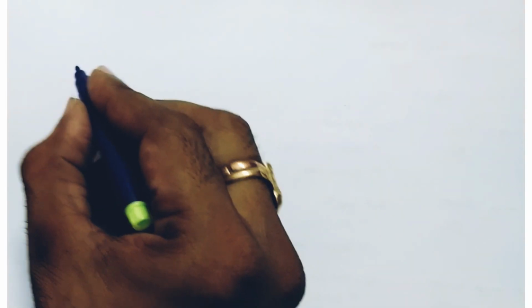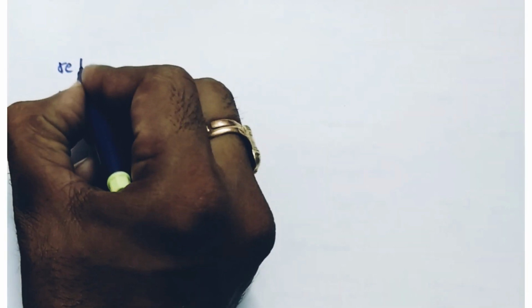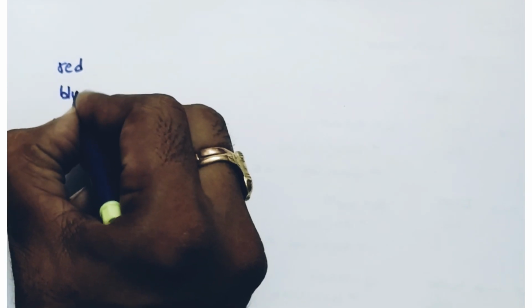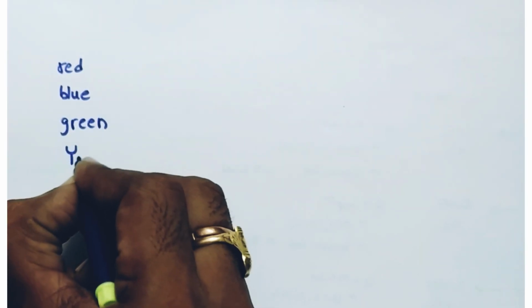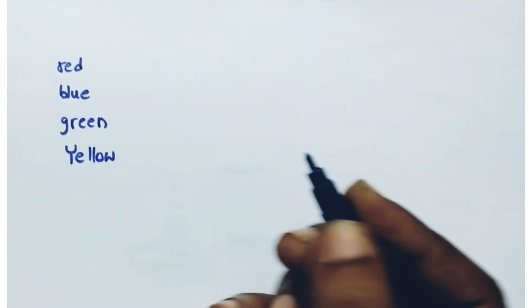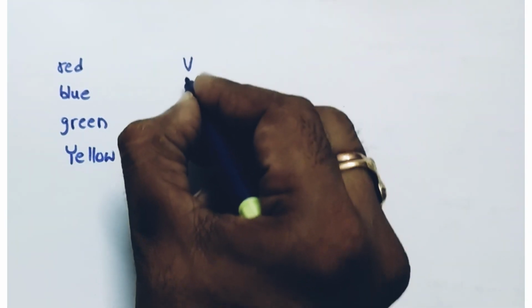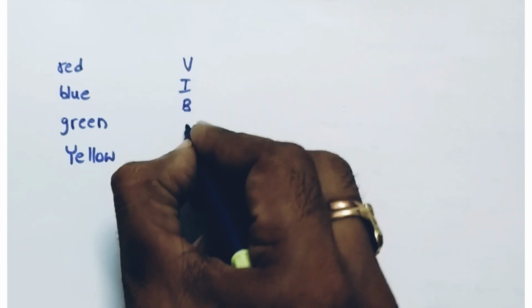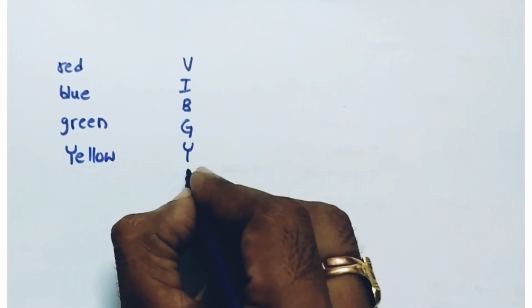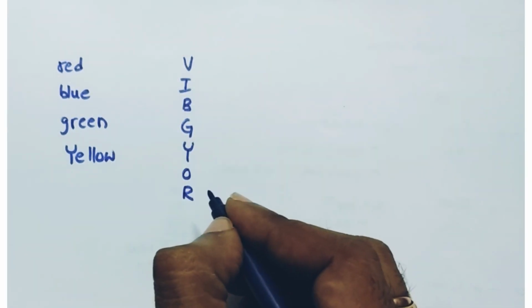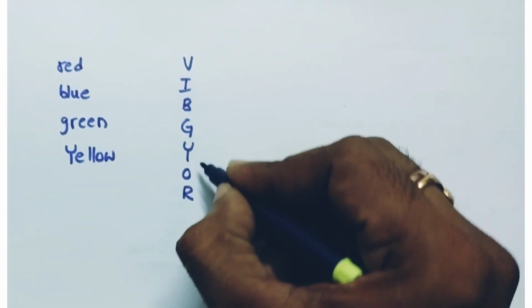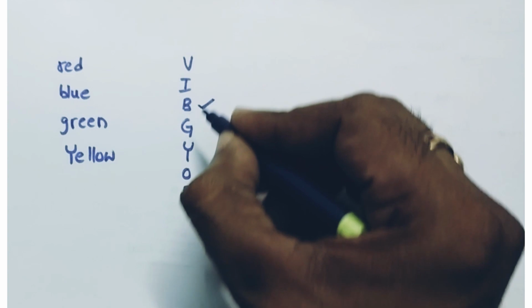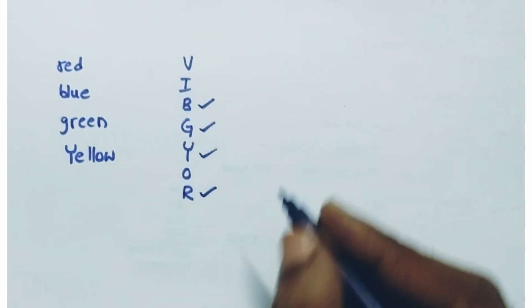So here four colors are given, that is red, blue, green and yellow. We have the spectrum, that is V, I, B, G, Y, O, R, VIBGYOR. So we have been given four colors, that is red color, blue color, green color, yellow color.